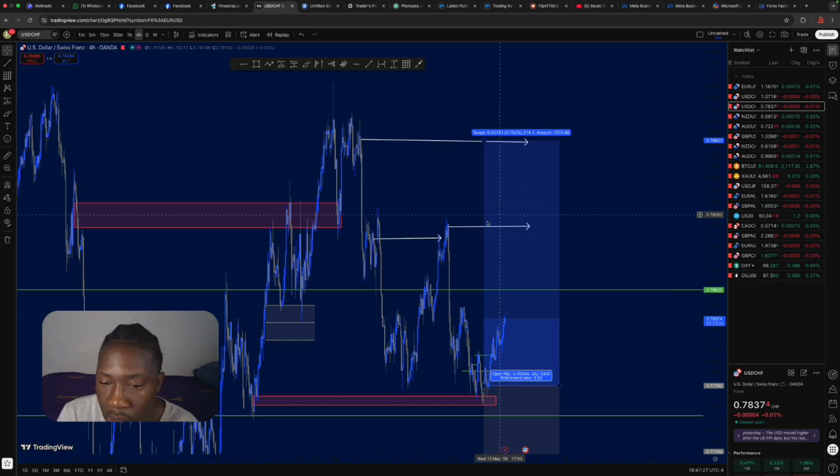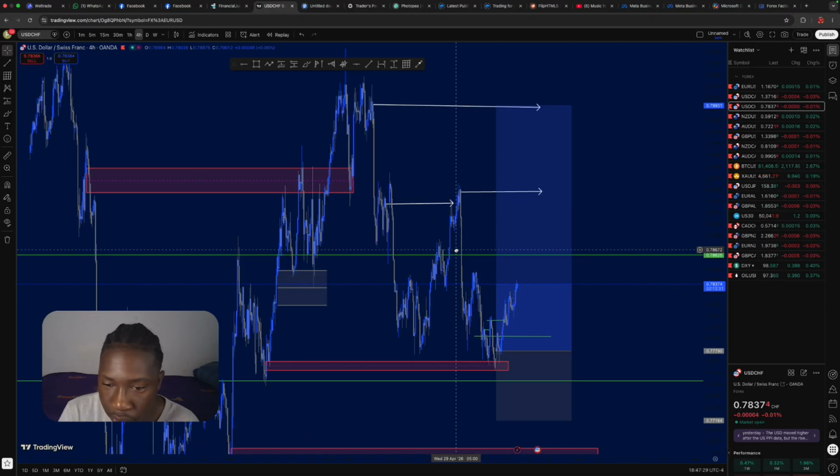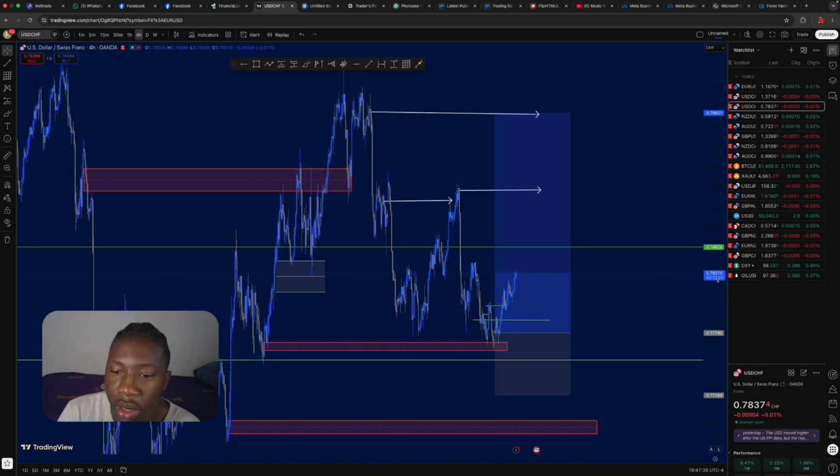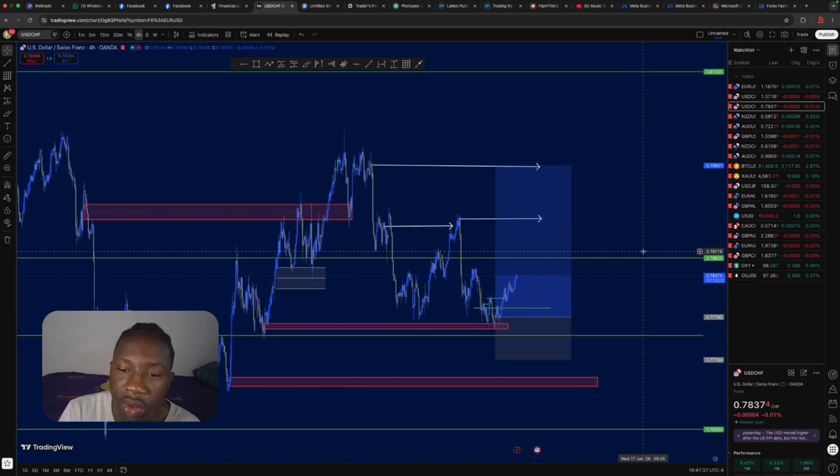This is our USD CHF, not CAD CHF, still moving to the upper side with very, very strong bullish movement. And yesterday I did move my stop to this level.